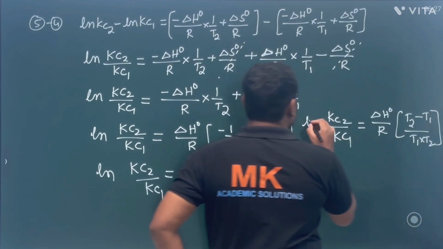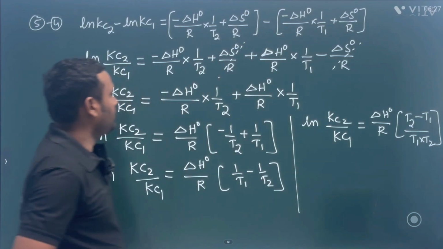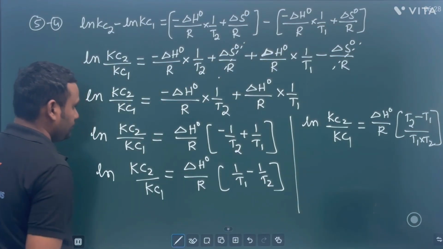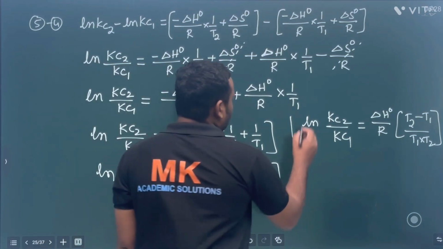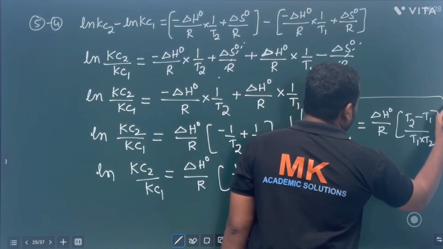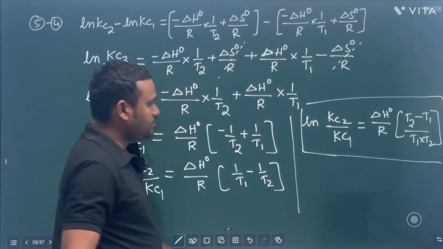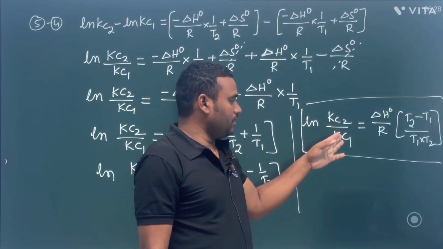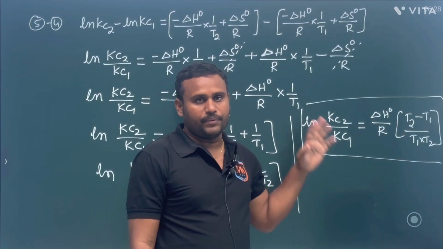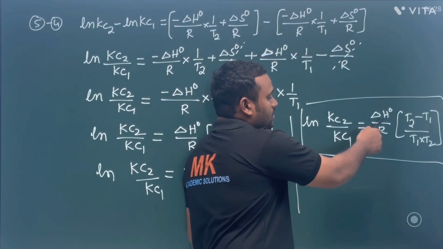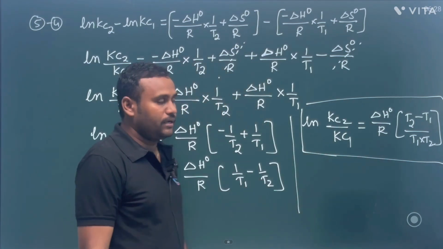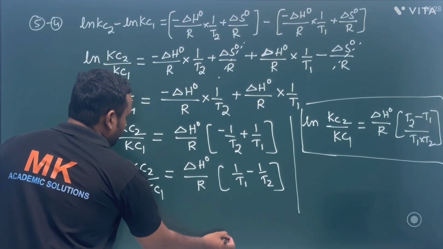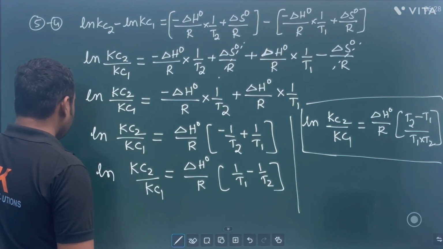This is known as the Van 't Hoff equation. By using this relation, we can find the ratio of Kc2 and Kc1 at different temperatures, if you know the delta H naught, R, and T1, T2 values. So this is about the effect of temperature.